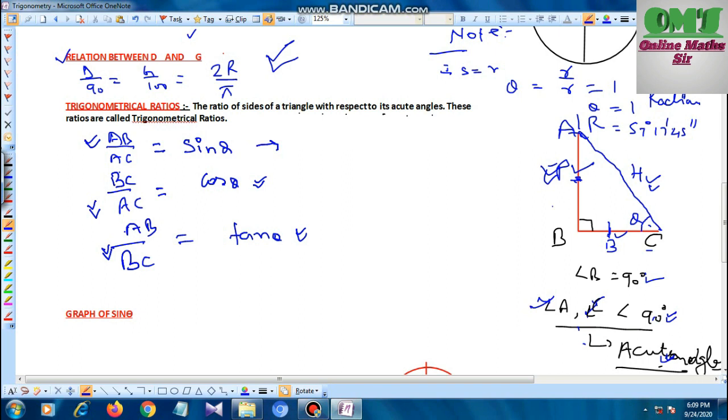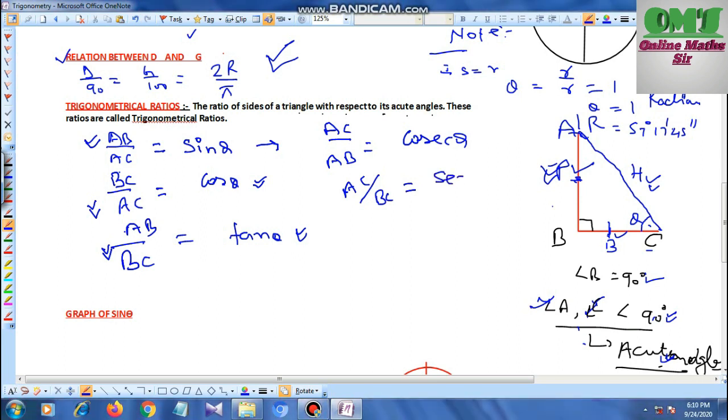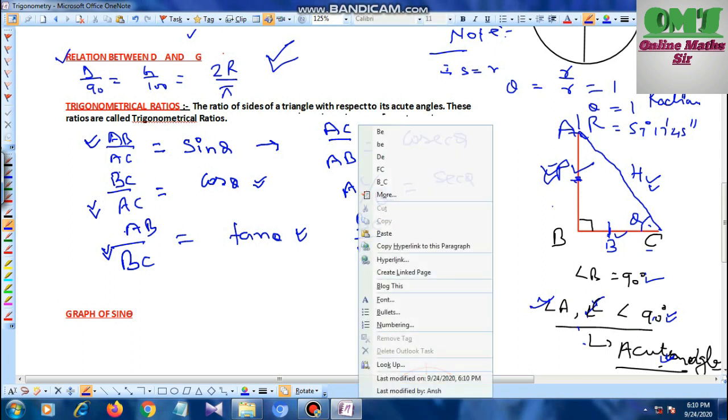cosec theta, sec theta and cot theta. So cosec theta is the reciprocal of sin theta, means AC upon AB, which is equal to cosec theta, and AC upon BC is the reciprocal of cos theta, so it is sec theta, and the reciprocal of tan theta is BC upon AB.